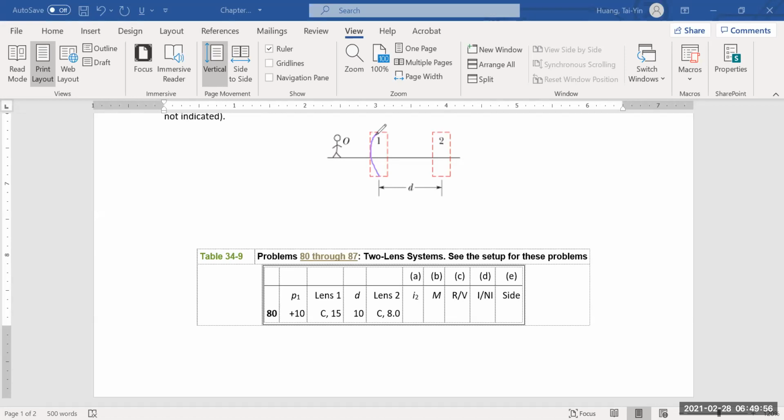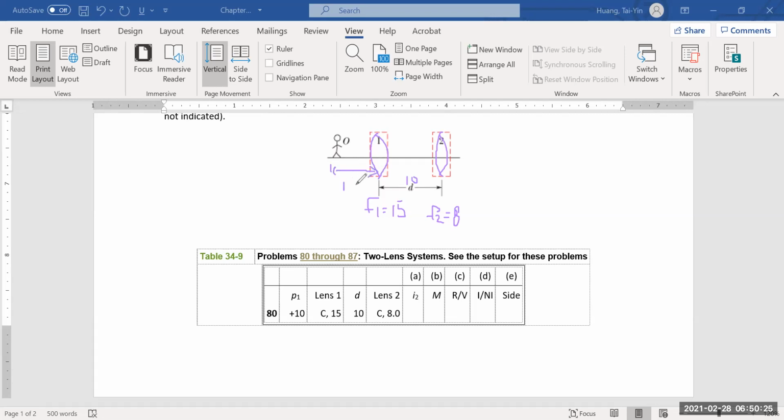I have my first lens, and my F1 is 15, and my second lens is convergent again, and it has the focal length of 8. Because both are convergent, the focal length is positive. The separation here is 10 centimeters, and then you have the object distance, which is 10.